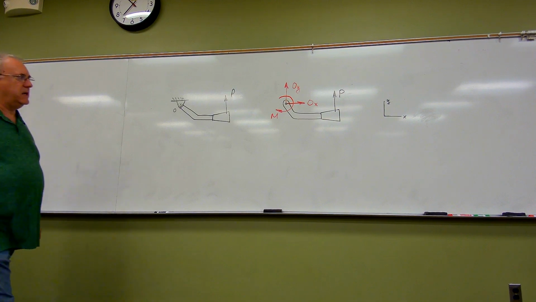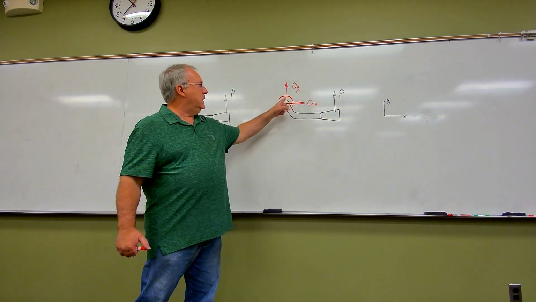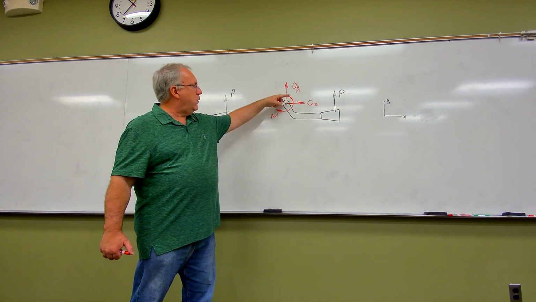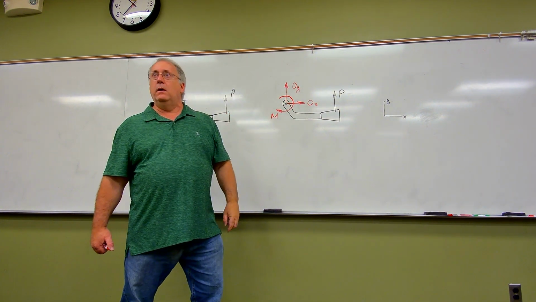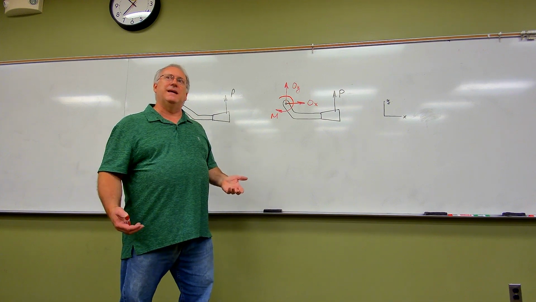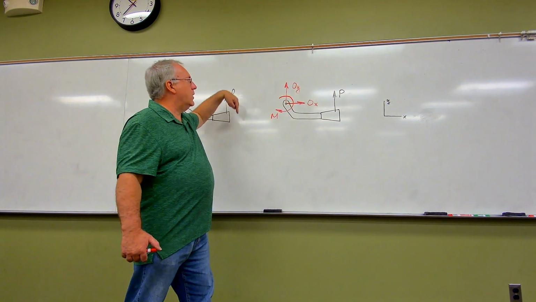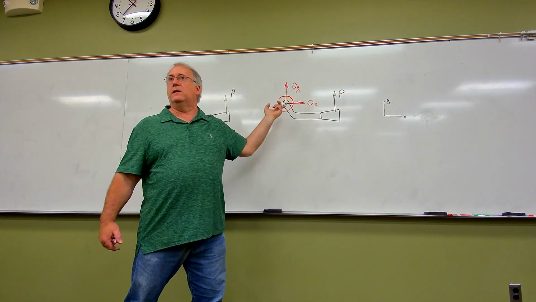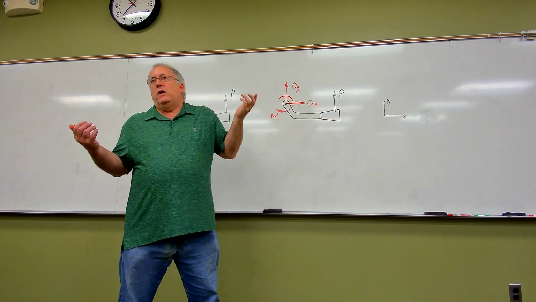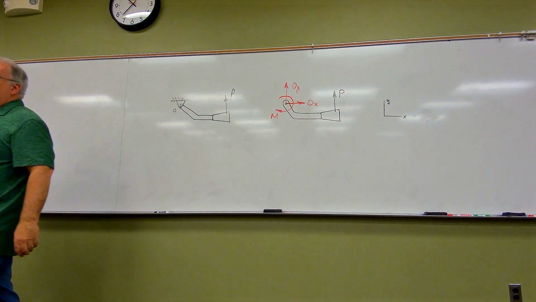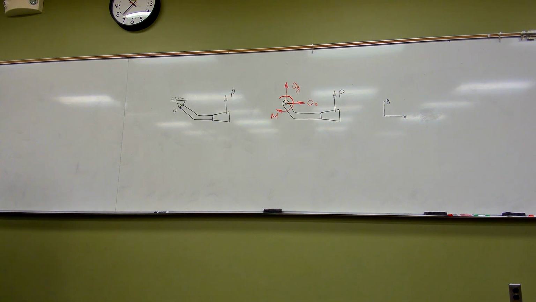If you notice the moment that I drew right here, about point O, I drew this as a clockwise moment because in this particular instance, I know that force P is going to cause a counterclockwise moment about point O, and I know that this moment's got to counteract that. That's why I drew it clockwise. Had I not done that, no big deal. If I'd drawn the moment in a counterclockwise fashion, then the math would have simply said, your moment is negative, and the negative in this case means you went the wrong way. That's all. Nothing to it.